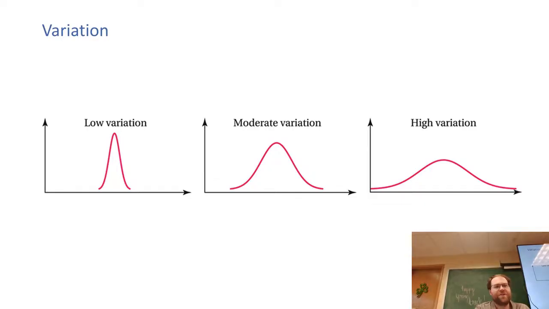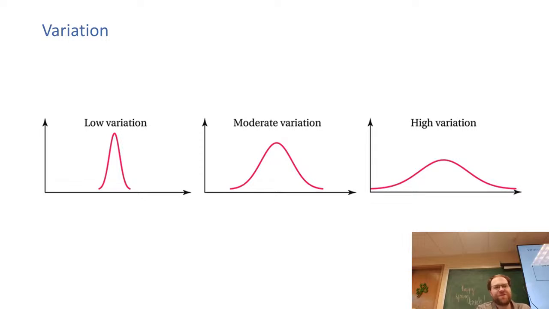Okay, so again, variation. If values are close together, think low variation. The more spread out they are, the more variation that exists, is the idea.